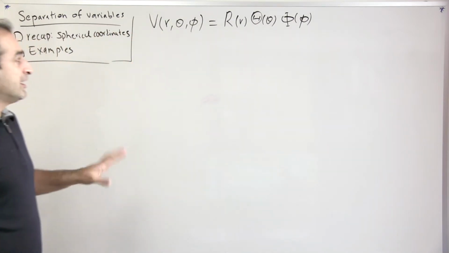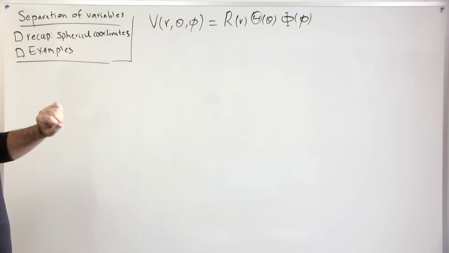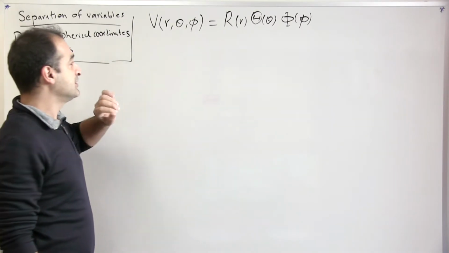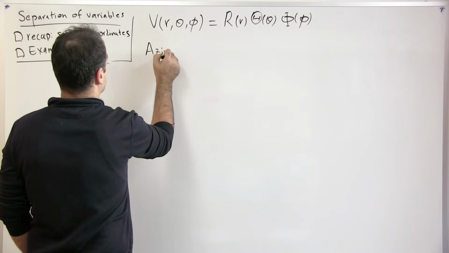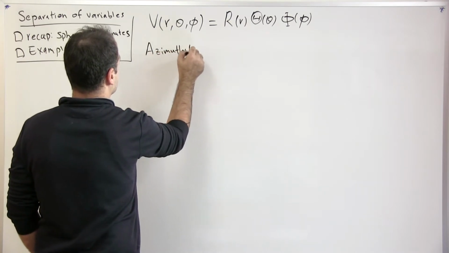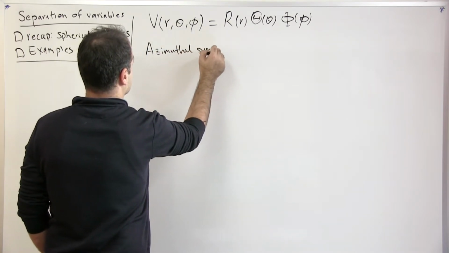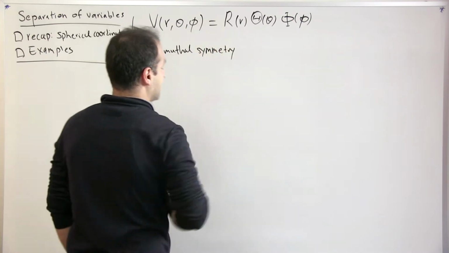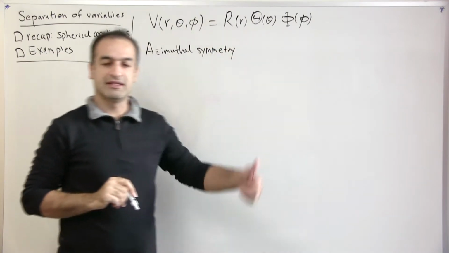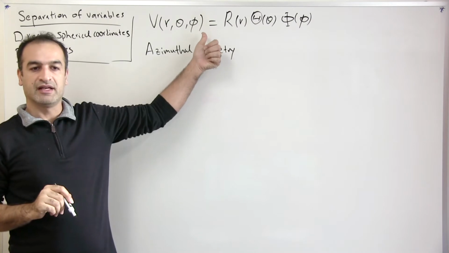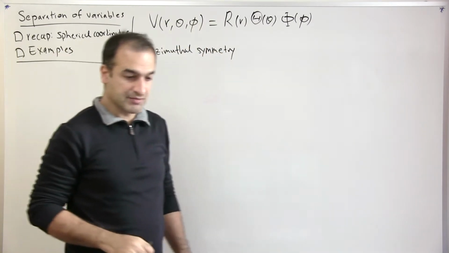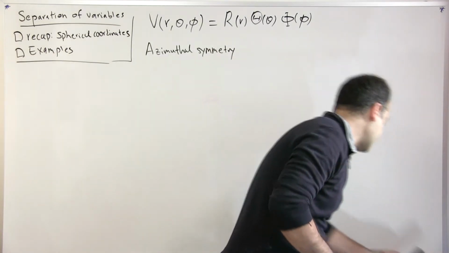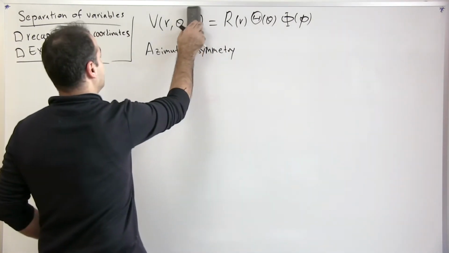Our discussion for spherical coordinates was focused on a situation where we have azimuthal symmetry. With azimuthal symmetry, technically, we don't have any dependence on phi. Everything is symmetric with respect to phi, so we can get rid of the last variable.